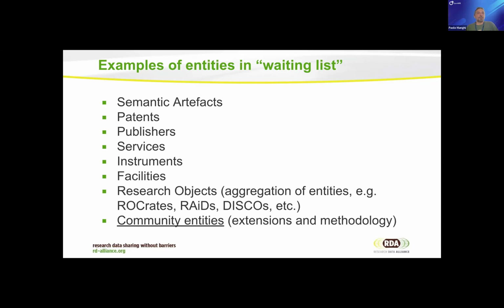We especially care about community entities. So this is the case when you would like to model an SKG in the context of a specific domain where the entities that we have provided, which are cross-domain somehow, are not enough to describe some of the properties or concepts behind a specific universe.